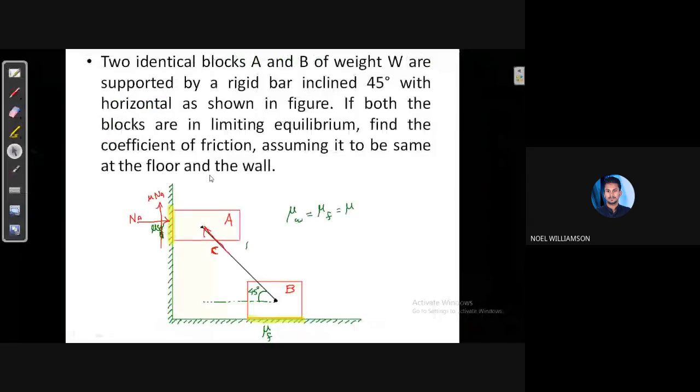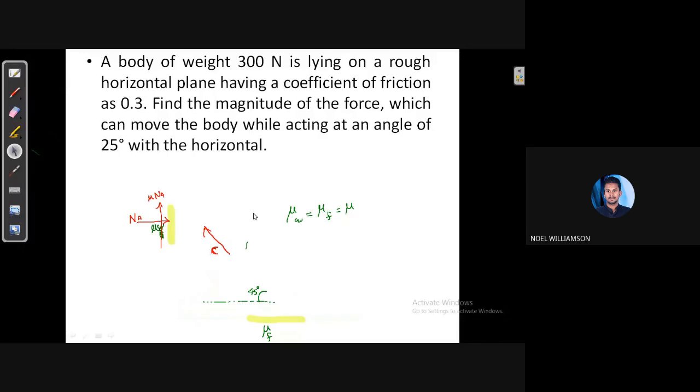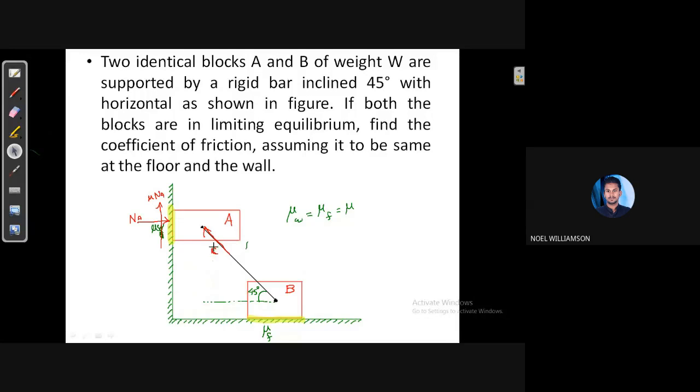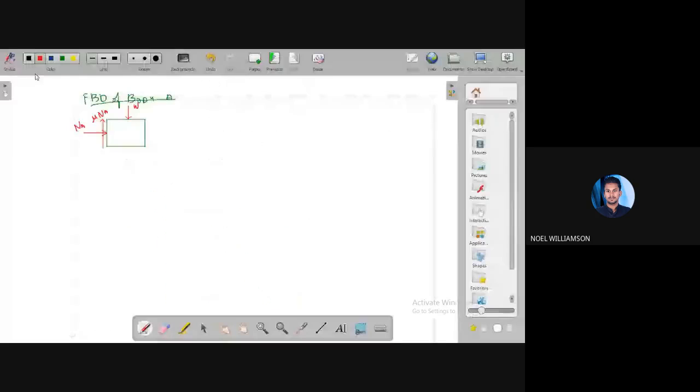Then the compressive force C acting like this, which is at an angle 45 to the x-axis, right? So this is the force C, or the compressive force C, which is at an angle 45 with the x-axis. So this is the free body diagram of A.